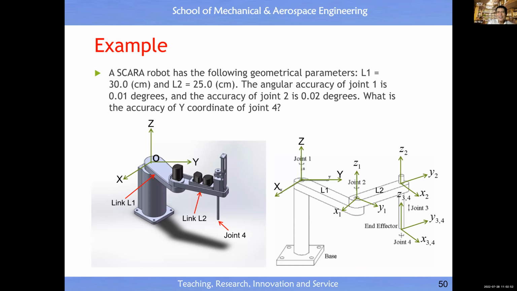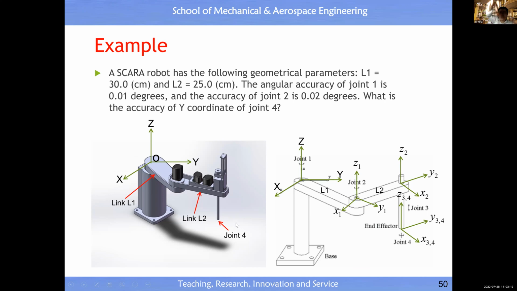Okay, so I use this example for you to understand why there's a concern about the accuracy. If let's say your control has an error, the error of an angle will produce an error of a position. For example, this is a robot. Normally the tool is attached at the joint 4.